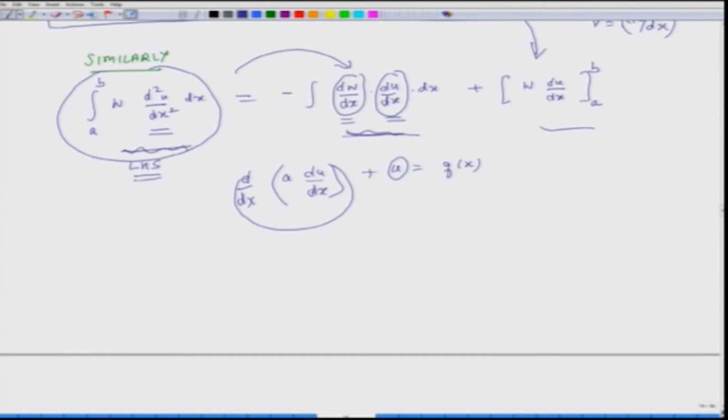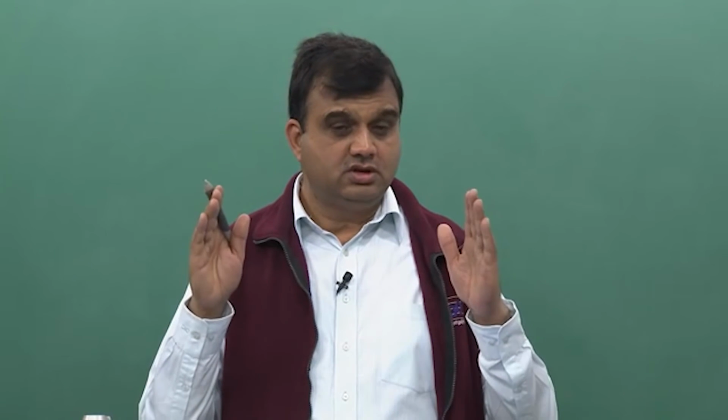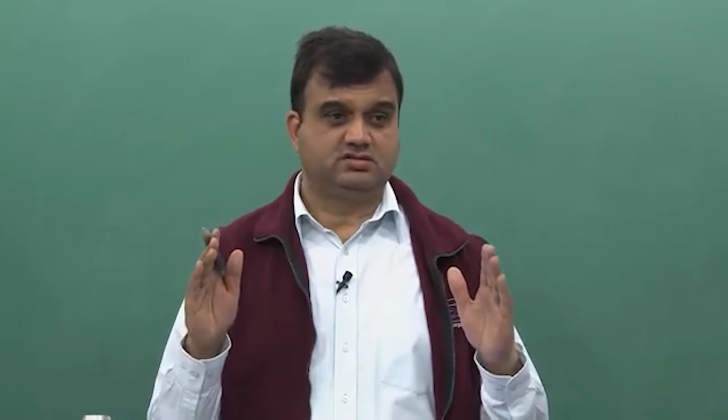Now later in the FEA course, what you will see is that this balancing of differentiability on the weight function and the unknown variable is related to the error. If it is balanced, then it leads to symmetric matrices.